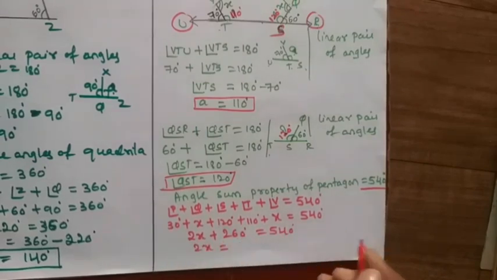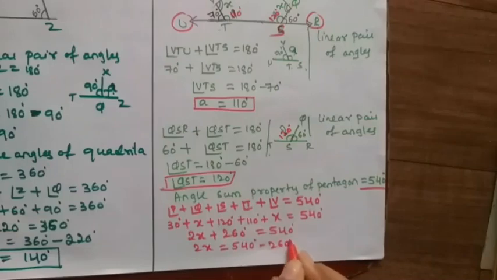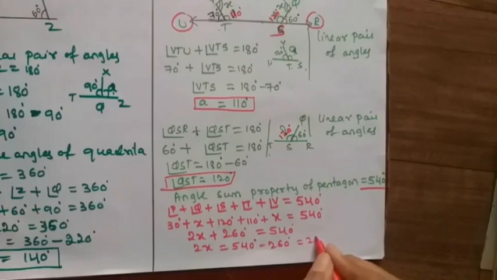should take to the right hand side, which becomes minus 260 degree. So how much? 540 minus 260 degree, which is equal to how much we get here? 280 degree. So 2x is equal to 280 degree. Here 2 is a multiplication.